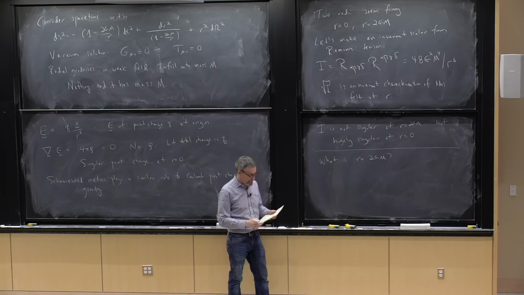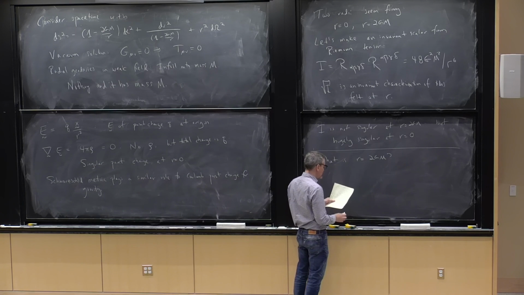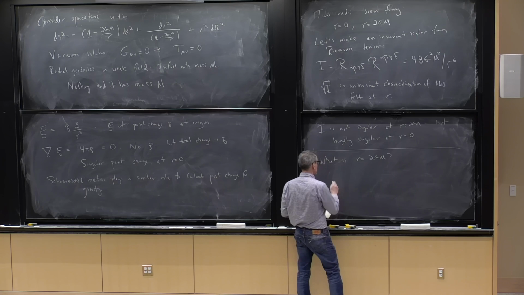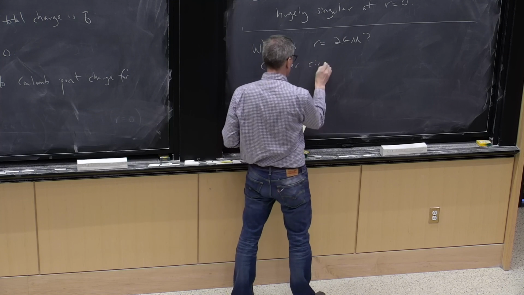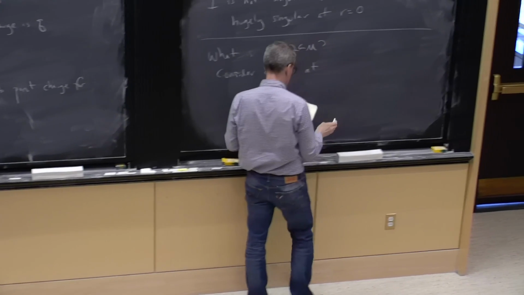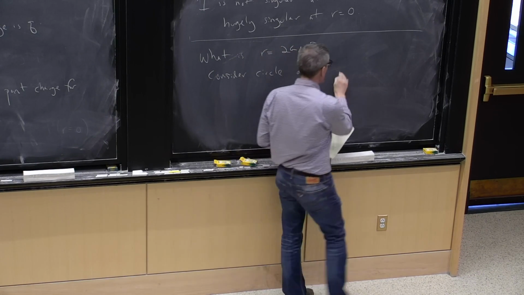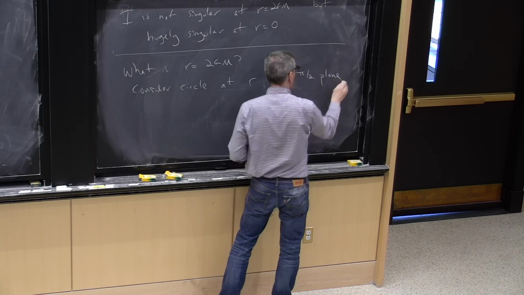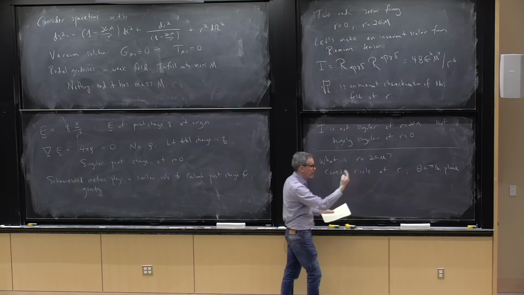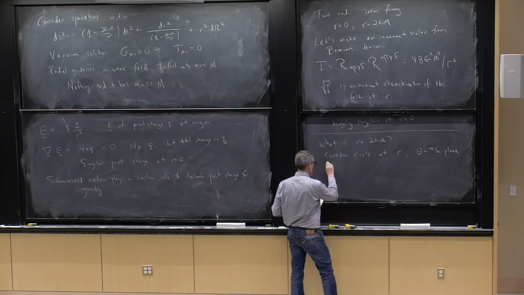So let's do the following exercise. Suppose I draw a circle at some radius r that's in the theta equals pi over 2 plane. Okay, so I'm just sort of sweeping around in phi.